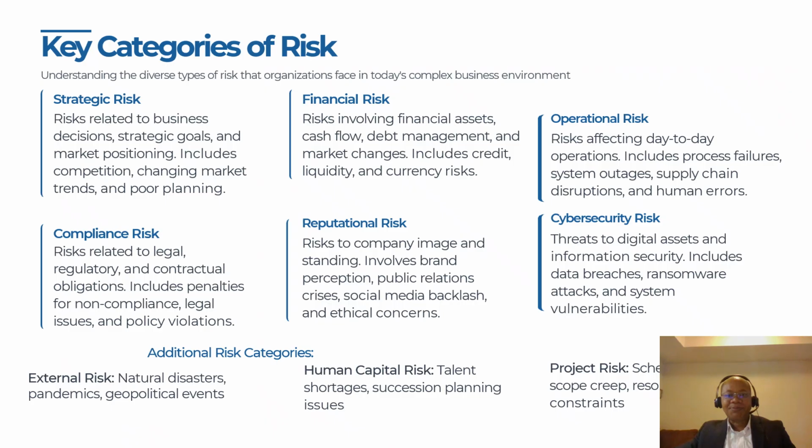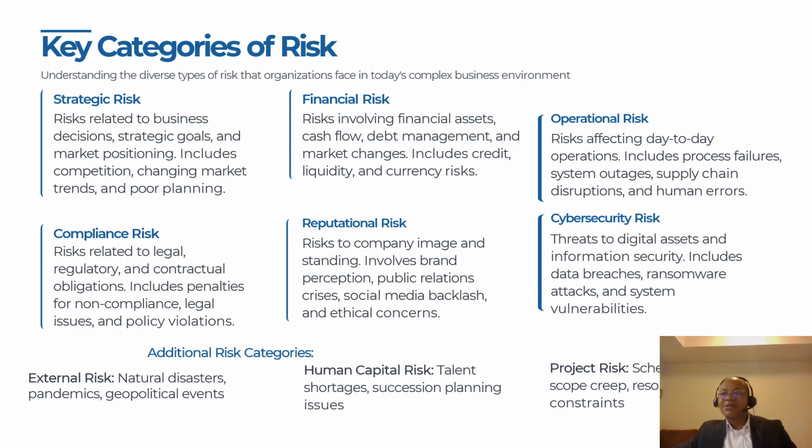Now let's go further to look at some key categories of risk. Organizations are often segmented, let me use that word, from the strategic level to the operational level or to the tactical level. Across these different levels, there are different kinds of risk organizations face. First is the strategic risk.